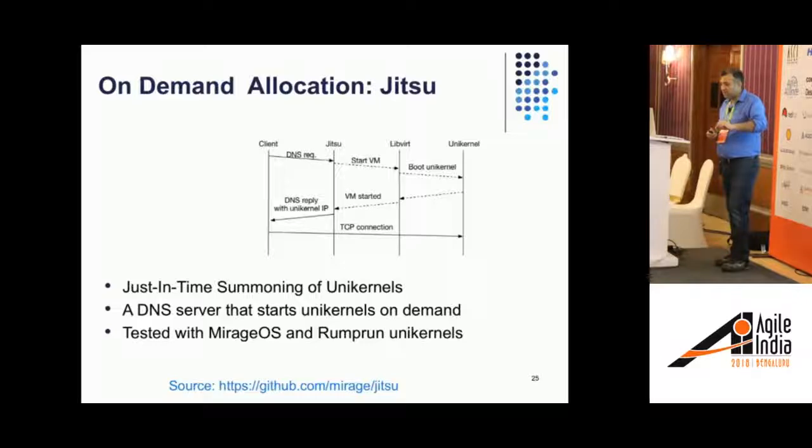The problem is that it takes more time. It takes a few seconds for you to boot up and shut down. Whereas in a unikernel, because the boot up and shutdown process is really, really fast, you can do it quite nicely, at a rapid pace of scaling, downscaling and upscaling. So a DNS server would start the unikernels on demand. It's actually been tested on Mirage OS. The Mirage OS folks actually have this Jitsu project and trumped up unikernels.